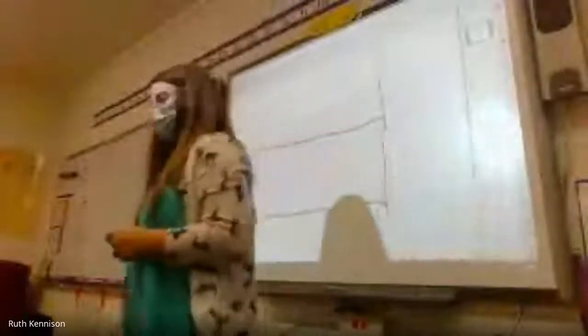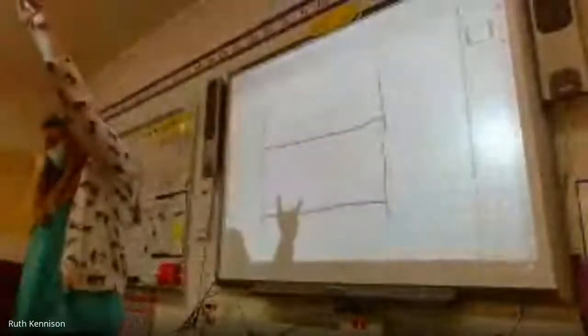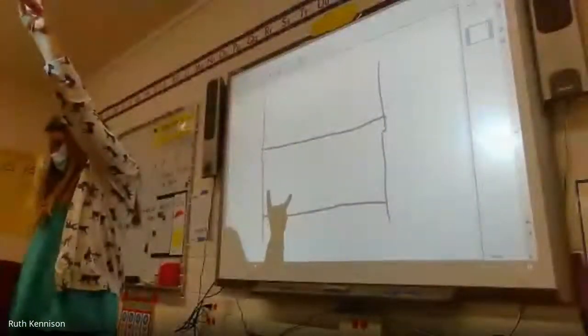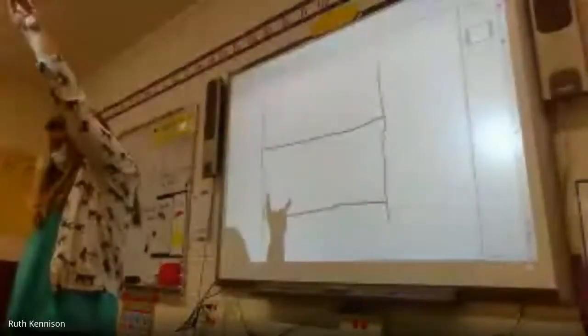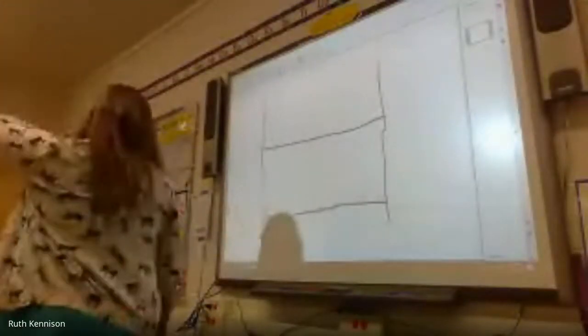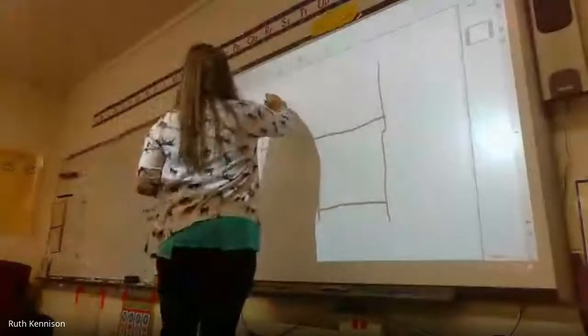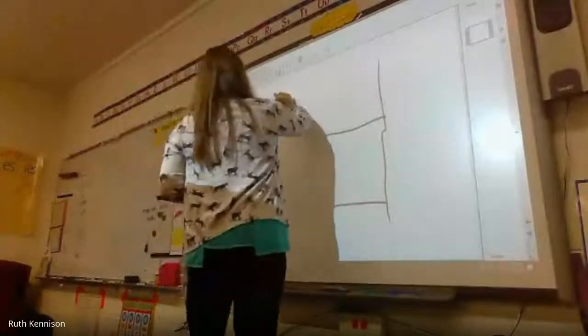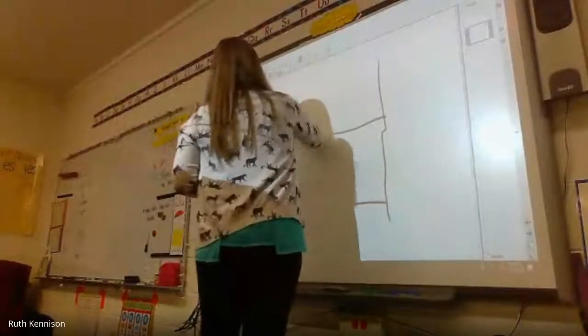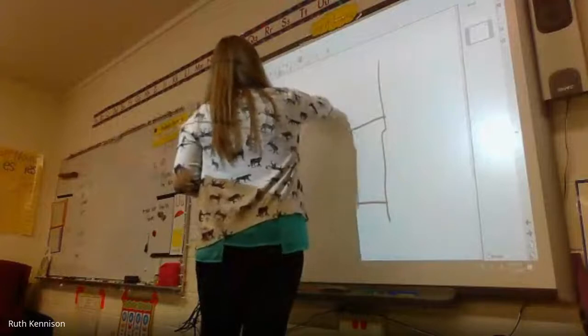It is a bookshelf. I'm going to draw a bookshelf. Okay. All right. And I'm going to draw some books on my bookshelf. One of my books is kind of leaning over.